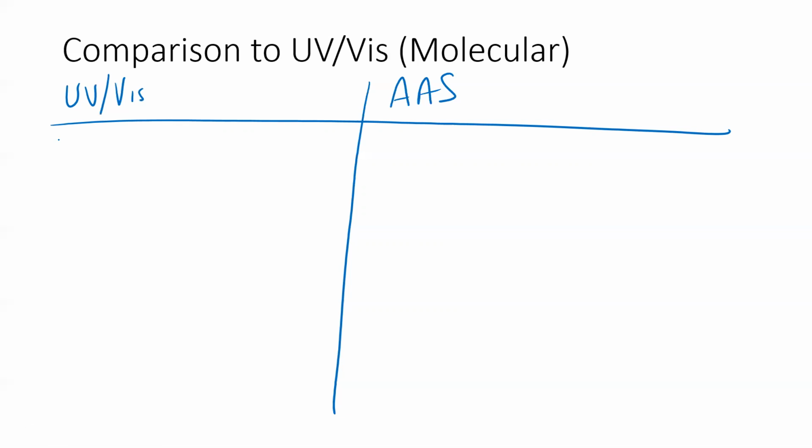In UV-Vis, we're looking at molecules, whereas in atomic absorption, obviously we're looking at atoms.